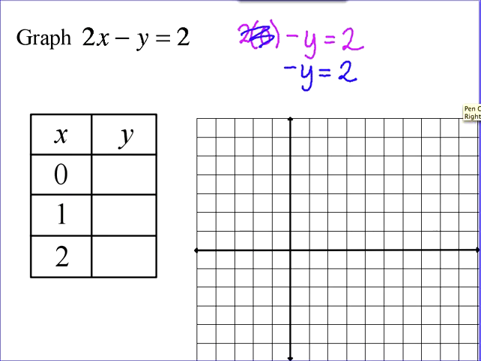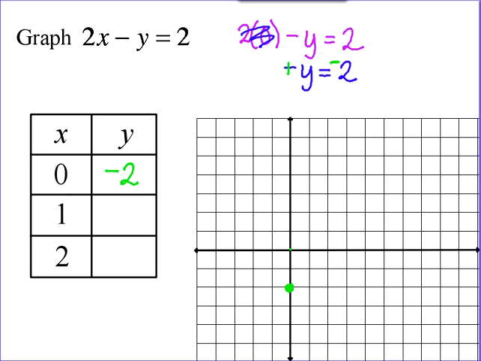Change that to -2. Basically I could divide by -1, that's the fast way. So I've got a point at 0, -2. From the origin here, x is 0, so I'm going to go down 2. There's your point. This is what I want you to do at your tables right now. I want you to do the 1 and the 2. I'm going to find somebody to come up and do each of those and put a dot on the graph.